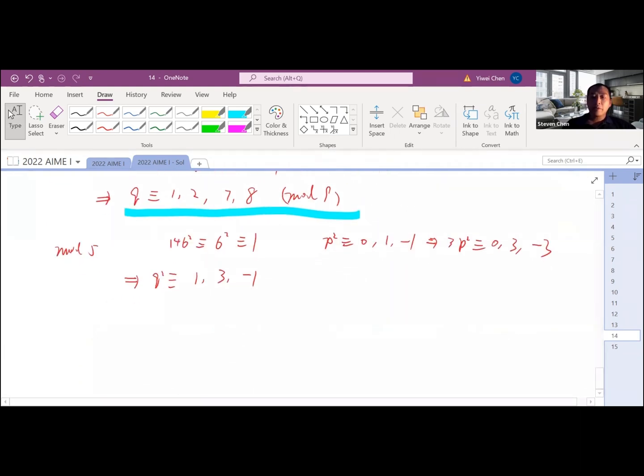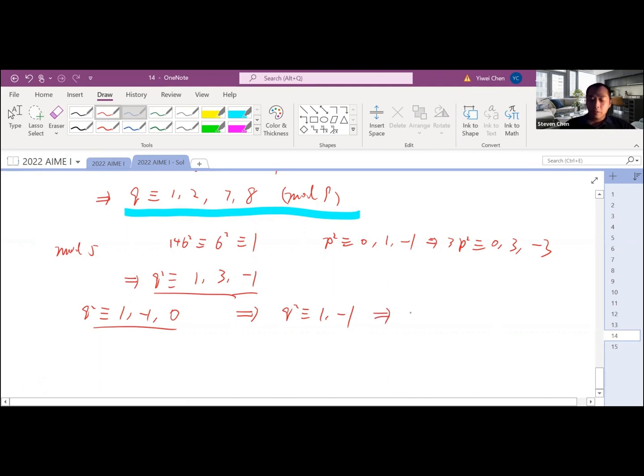And in addition, we know that for a perfect square, modulo 5, it can only be congruent to 1, negative 1, or 0. So what congruent numbers could meet both of these two conditions? That can only be 1 or negative 1, right? So what remainders could q have when it's divided by 5, such that q squared is congruent to one of these two numbers?